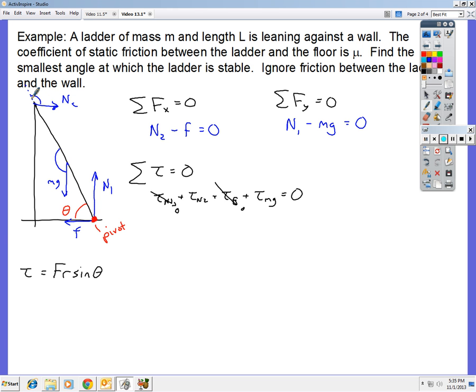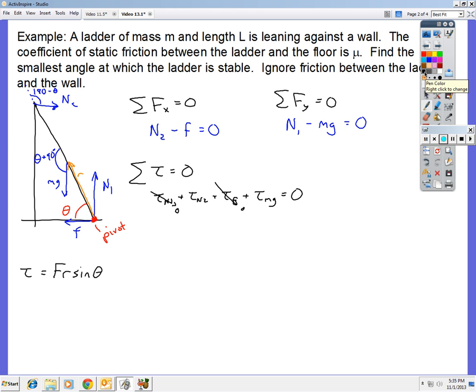This angle here that mg makes with the r vector is theta plus 90 degrees. And this angle here is 180 degrees minus theta. So you've got to do a bit of geometry here. You've got to be clever.